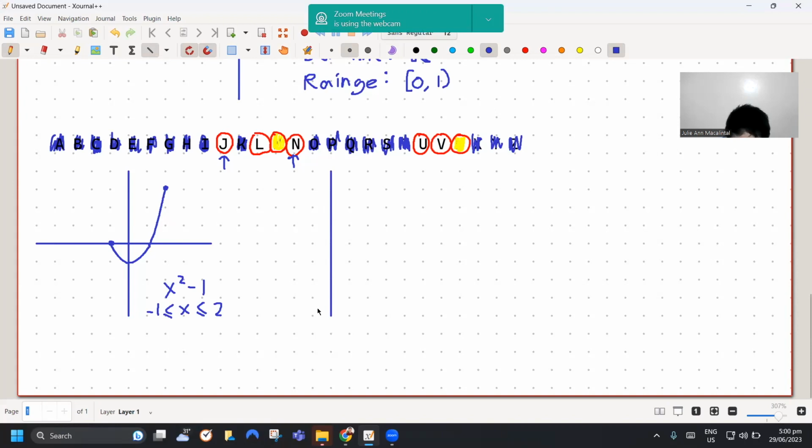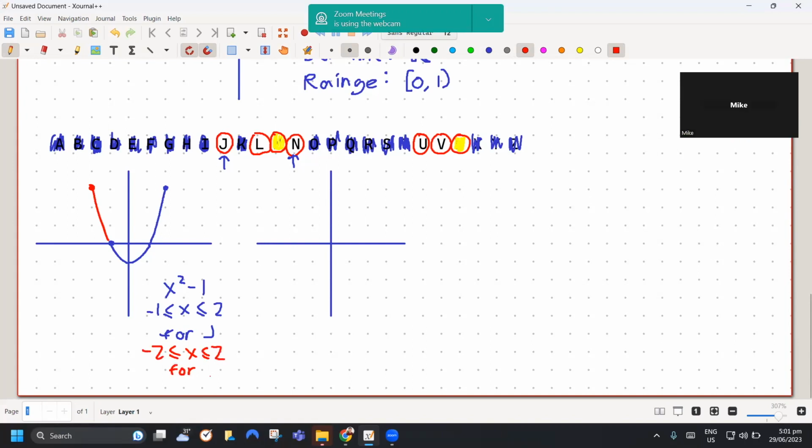Yung U, syempre boy, parang ganun din. Pero I'll say, extend ko po siyang ganun dito. Pwede ko nga, lagyan natin. Like, word 2. And then, yan naman yung sa U. Ito ba?